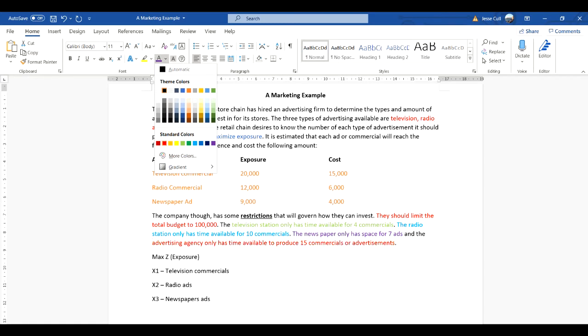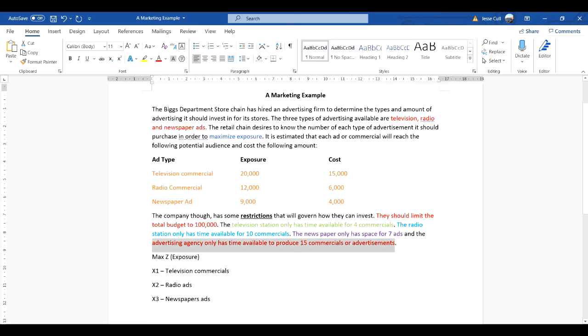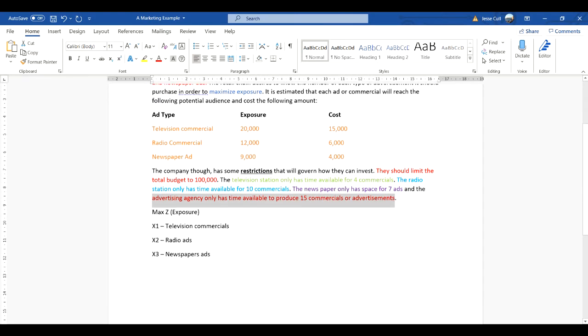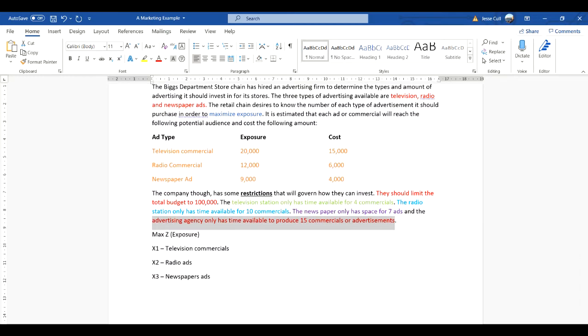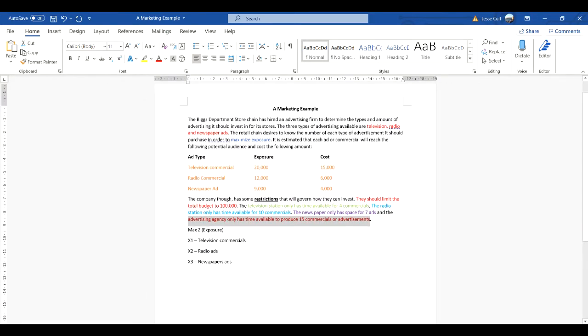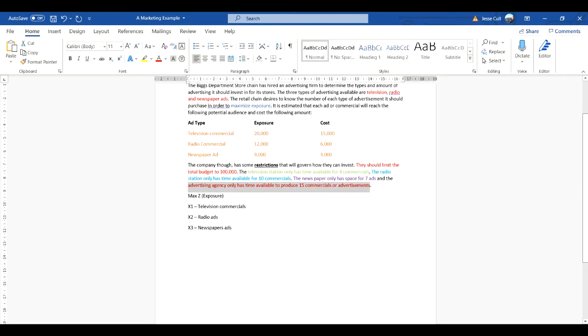So we can see here 1, 2, 3, 4, 5. We have 5 constraints governing our behavior. So now that we have all of the key information highlighted, we'll reduce this just to keep it all on the same page. Now that we have all of the key information highlighted, we can begin to format this into the critically important linear programming format.